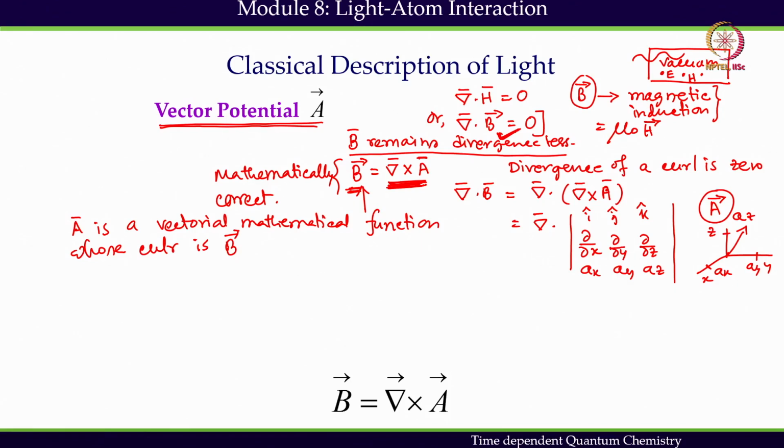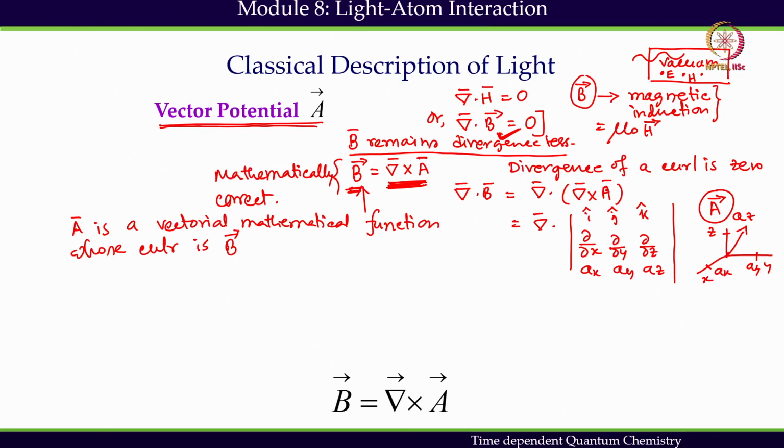B is a magnetic field, and field is nothing but a force, and force originates from a certain potential. In this case, this magnetic force is originating from the vector potential. That is the way one can imagine.